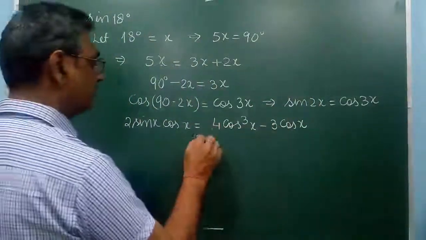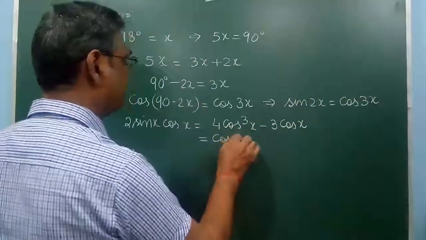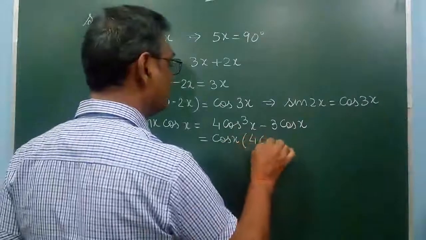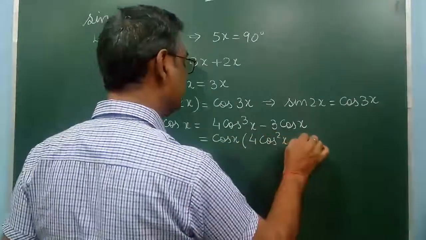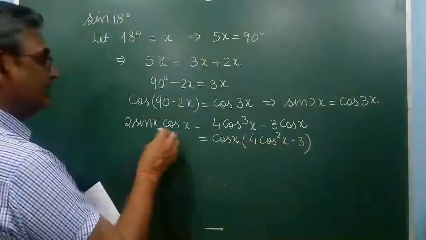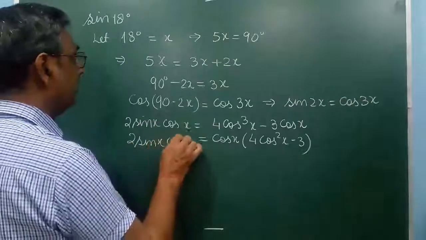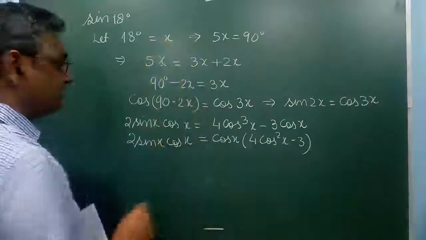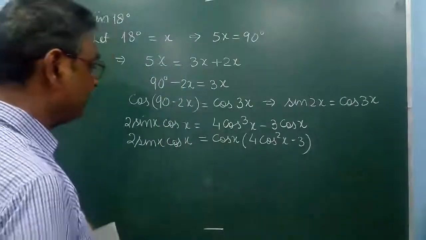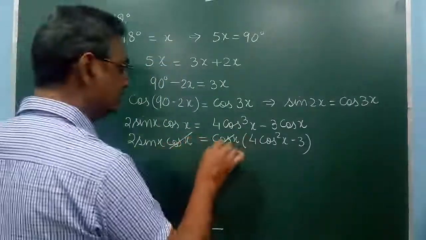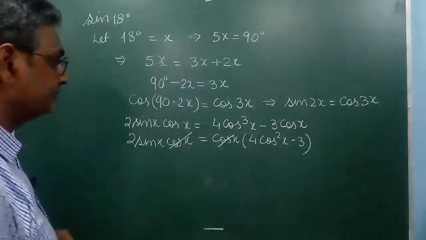Here we can take cos x common. So, 4 cos square x minus 3, and here what it will be? 2 sin x cos x. Here x is not equal to 0, that we are knowing. So, here we can cancel cos x.